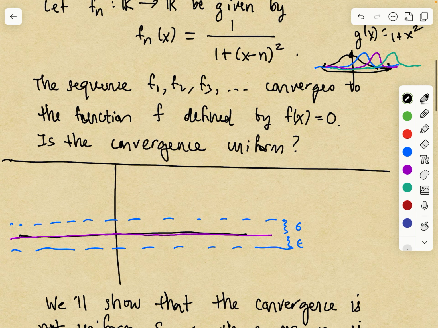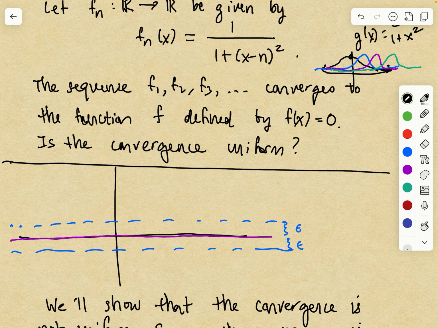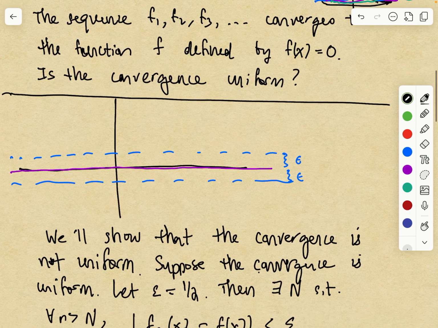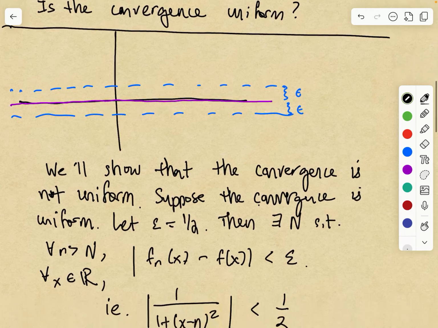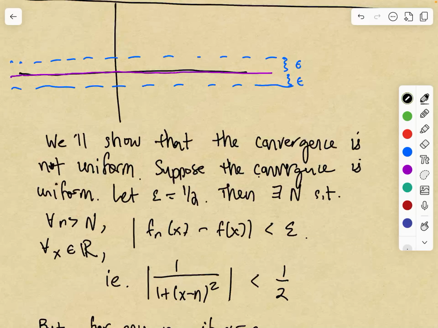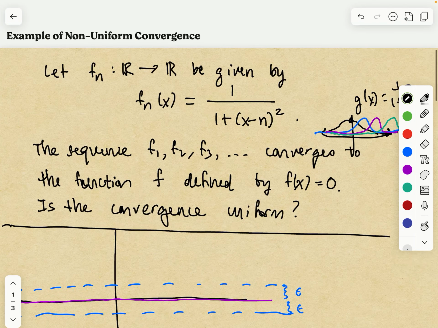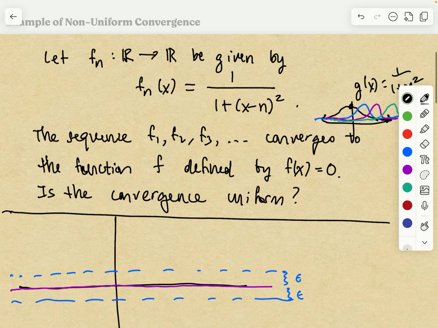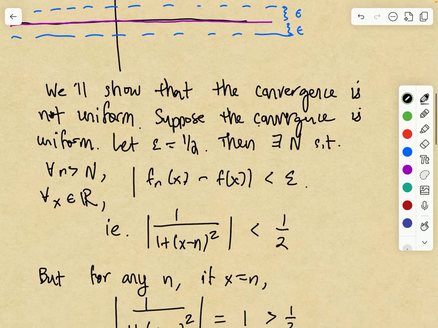The 1 over 1 plus x squared, and then recognize that the graph is just shifted to the right for each n. And then it helps to know f and then draw the epsilon band and ask, are these functions eventually all lying in this epsilon band? Once you look at the graph, it's clear that the answer is no. So then you say, okay, the convergence is not uniform.